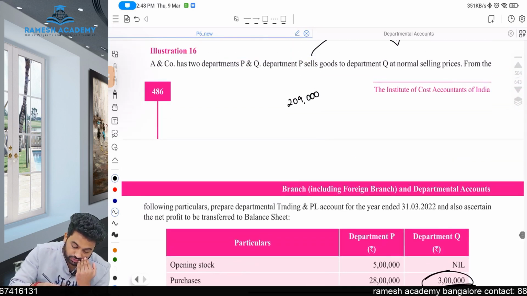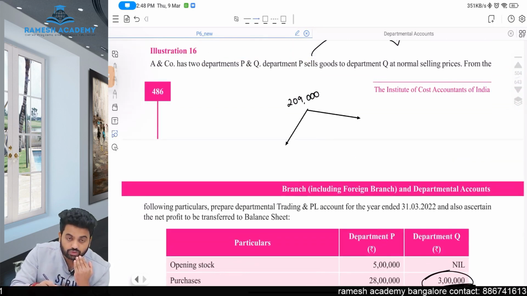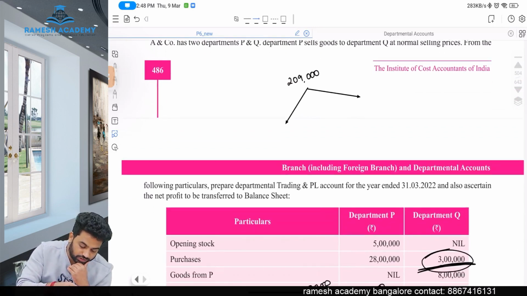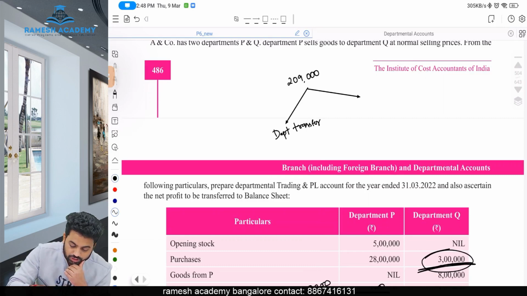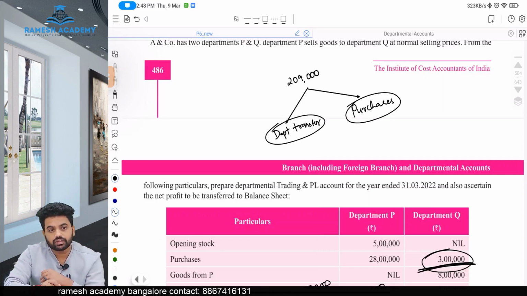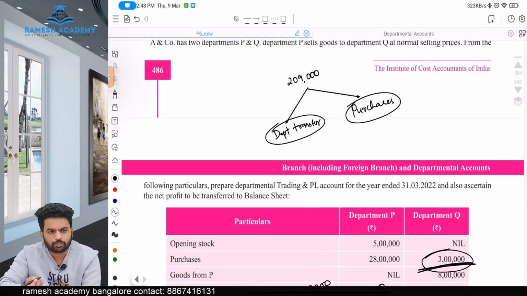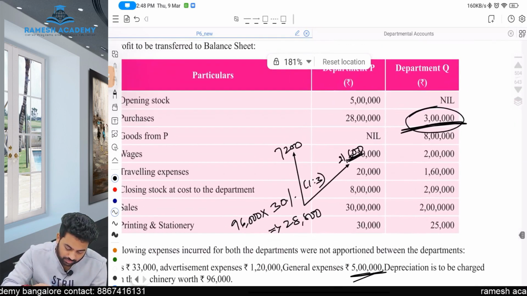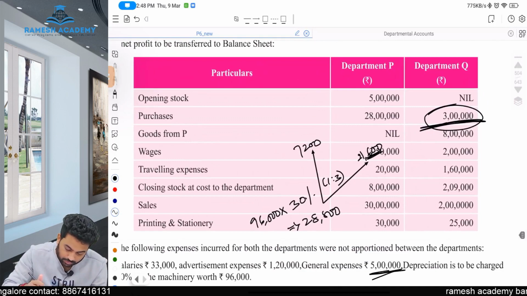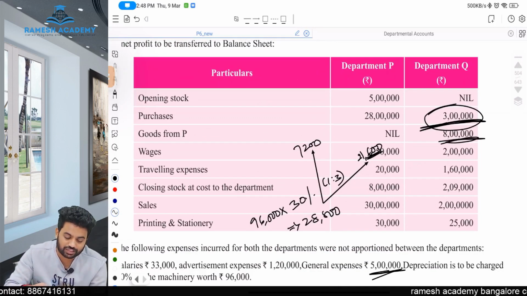So we have to apportion out of the closing stock how much is departmental transfer goods and how much is purchases. Okay, in proportion we will take how much is goods transferred from the department, 8 lakh, and purchased is 3 lakh.